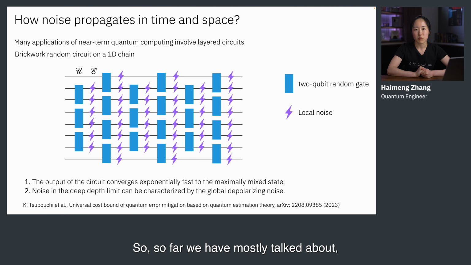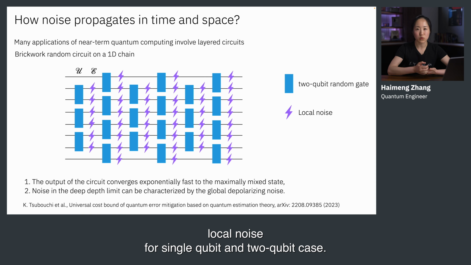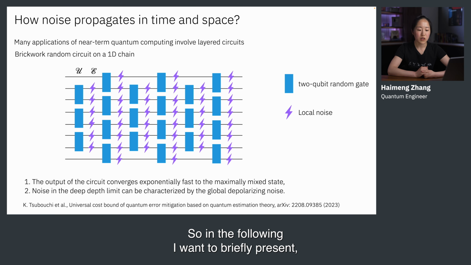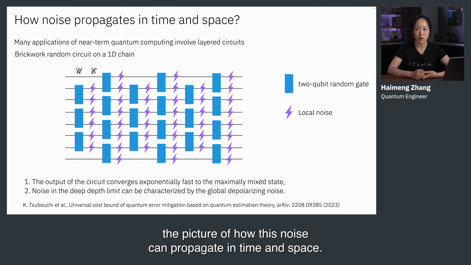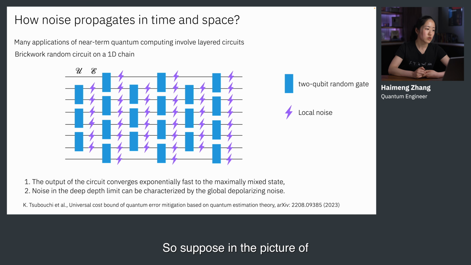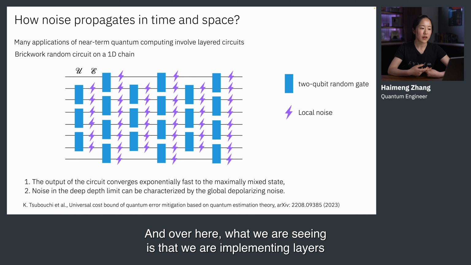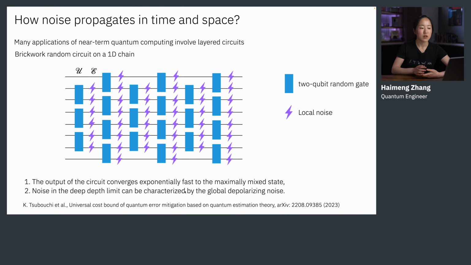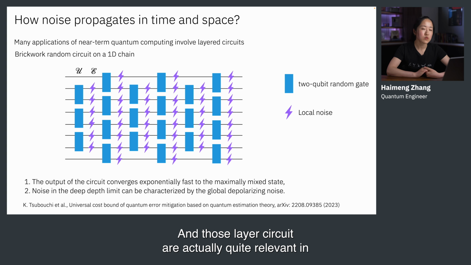If you want to read more about that, I would refer you to this paper below. So far we have mostly talked about local noise for the single qubit and 2-qubit case. In the following, I want to briefly present the picture of how those noises can propagate in time and space. Suppose in the picture of a layered circuit, over here what we're seeing is that we're implementing layers of 2-qubit gates. Those layered circuits are quite relevant in applications of near-term quantum computing.